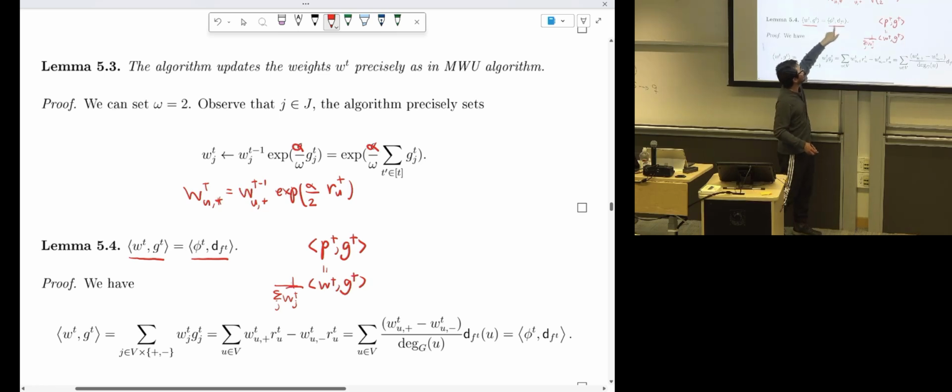This is exactly what we check in the algorithm, whether it's less than 0 or not.